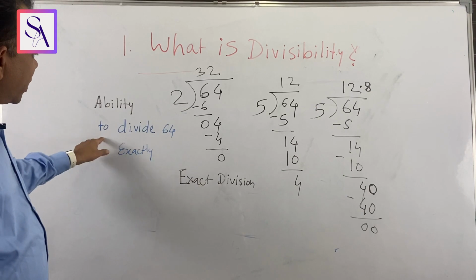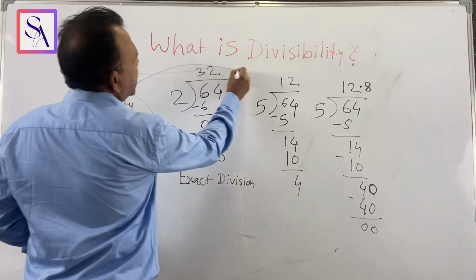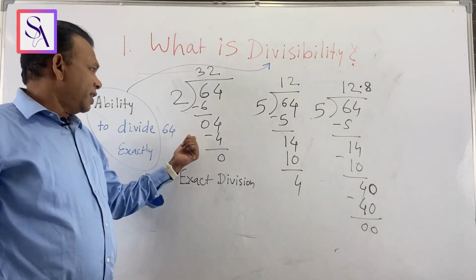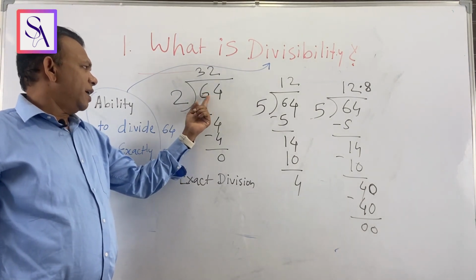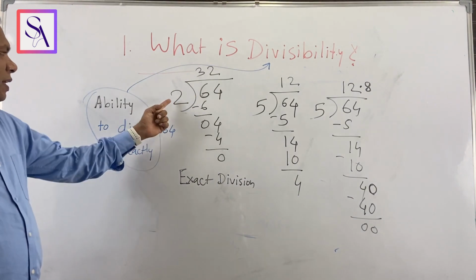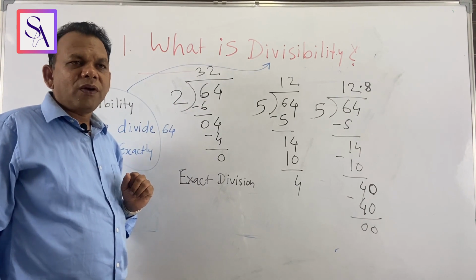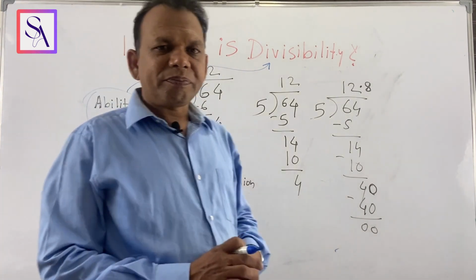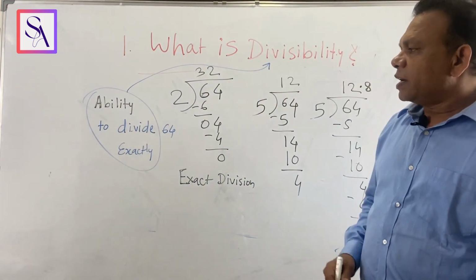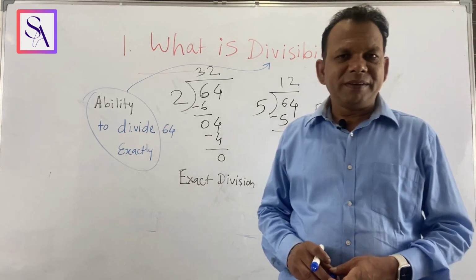So this ability to divide exactly is nothing but divisibility. So can I say that 64 is divisible by 2? Yes, I can say that, because 2 is dividing 64 and remainder is 0 and quotient is a whole number. This is called divisibility, the ability to divide exactly. So 2 has the ability to divide the number 64 exactly, right? Got it?